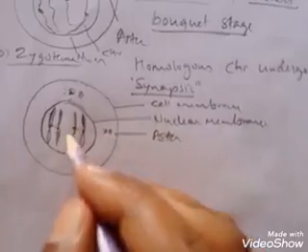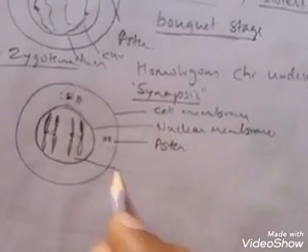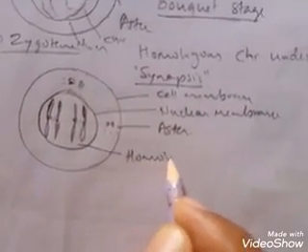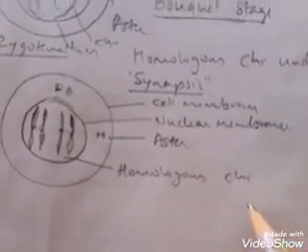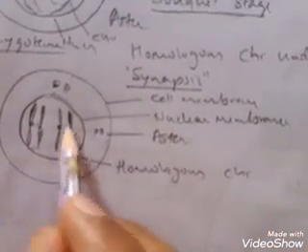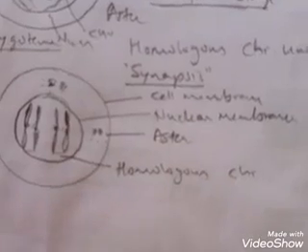Right, so these are referred to as the homologous chromosomes. This pairing of homologous chromosomes is called synapsis, right?